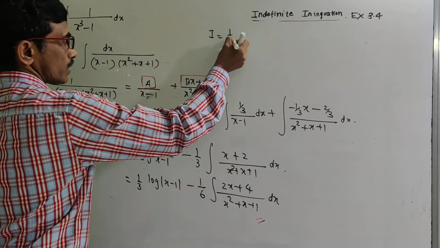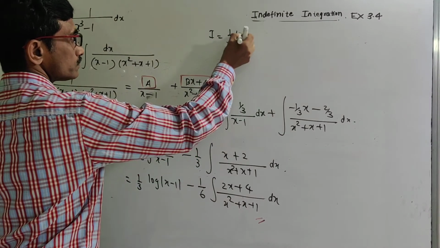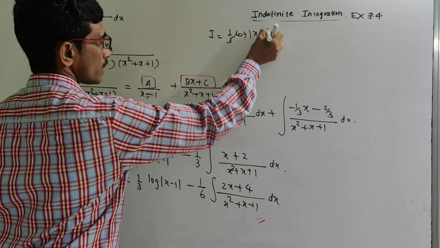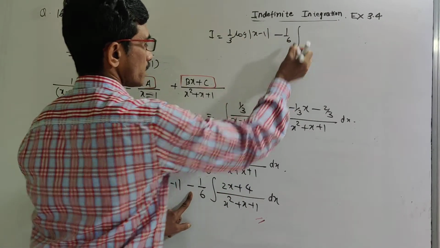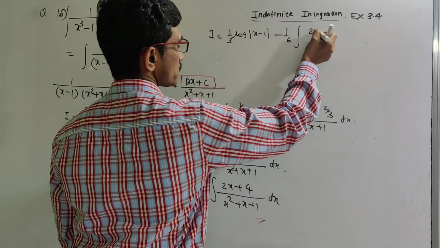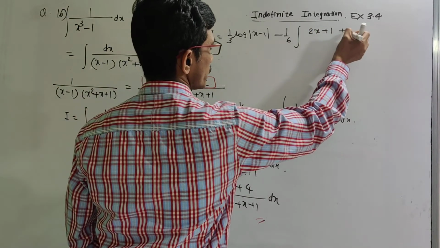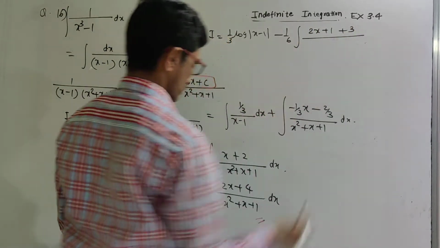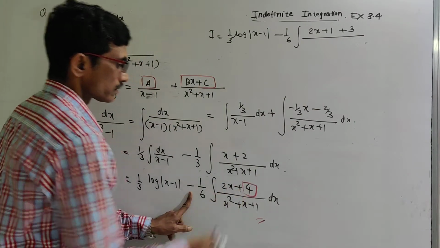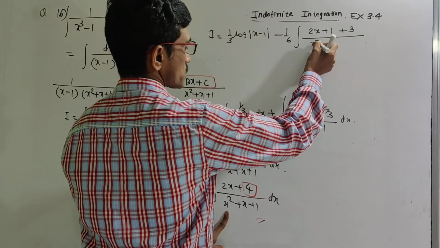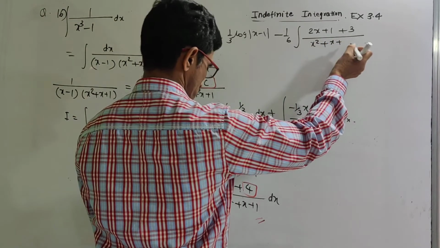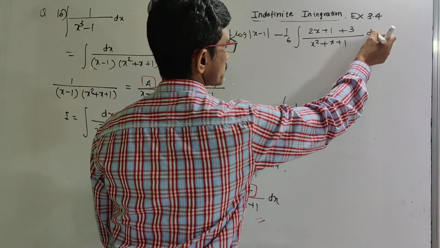Integral I is equal to 1/3 log of x minus 1 minus 1/6 integral of 2x plus 1 plus 3, breaking 4 into 1 plus 3, upon x square plus x plus 1 dx.